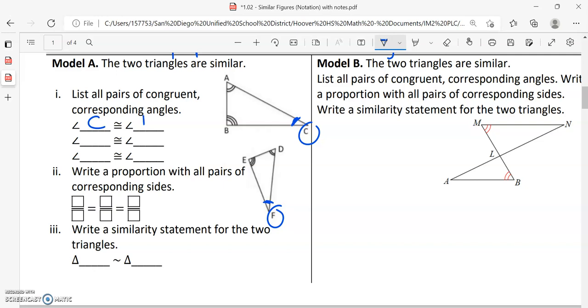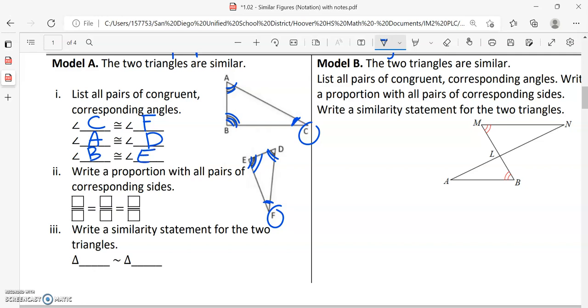Angle A has 2 lines, angle D has 2 lines, so angle A, angle D. And finally, B has 3, and you can see E has 3. So B and E are congruent or the same.